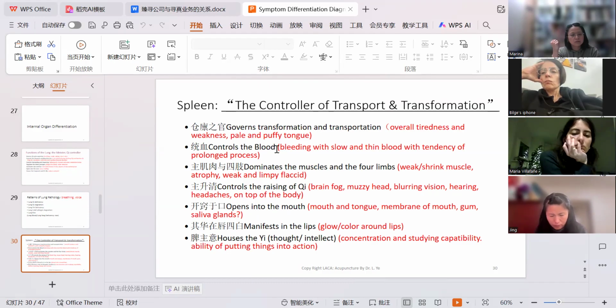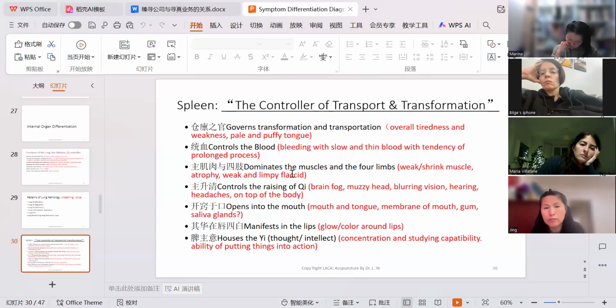The spleen dominates the muscles and four limbs. So therefore, weak or wobbly limbs and muscle atrophy. Limp, flaccid. This is all a sign of muscles losing strength and ability, often indicating the spleen's condition.